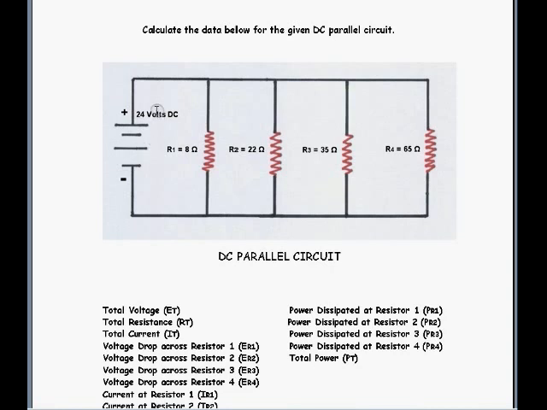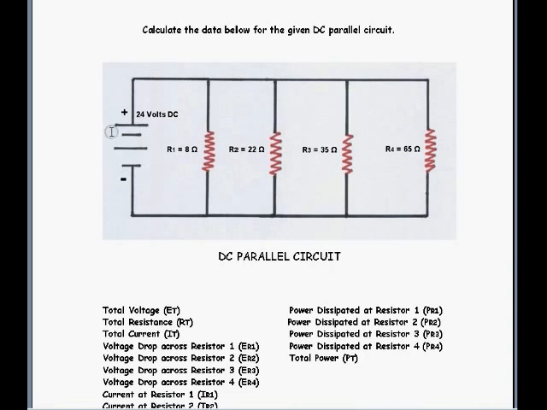Whatever the DC power source, it's identified with a positive and a negative, because with DC, direct current, electrons flow from positive to negative, only in that direction.